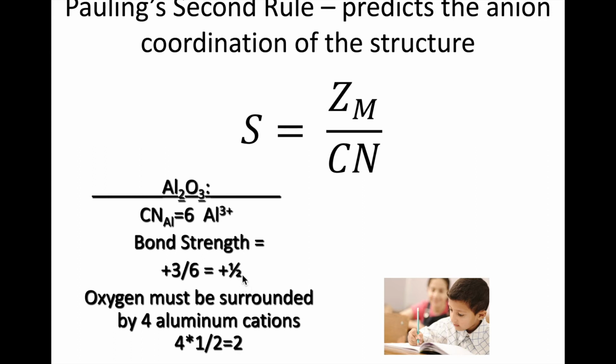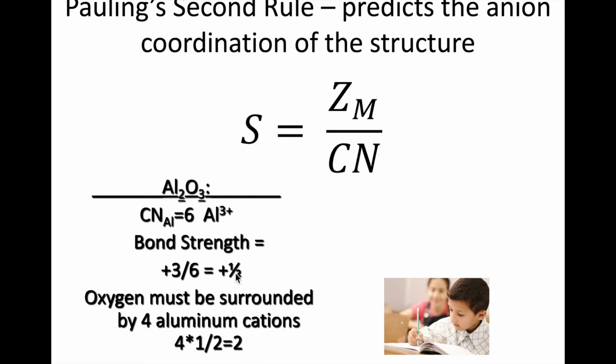In doing that, this is the bond strength, and this is then related to the charge of the anion, essentially oxygen, right? We can get that by how many of these bond strength aluminums have to be around the charge of one oxygen.